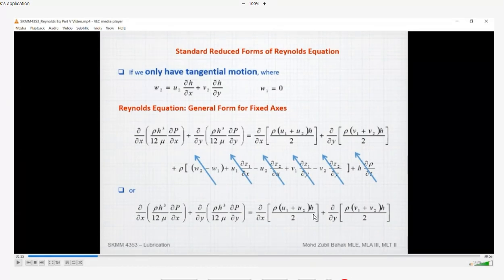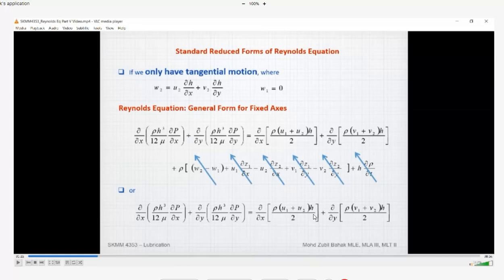Do you remember the surfaces? We have two surfaces, right? The x direction is from left to right, while the y direction is from the screen into the screen, and the z direction is upward, from bottom up.